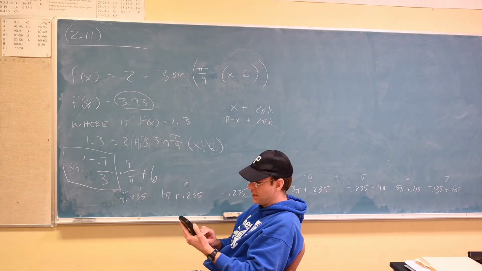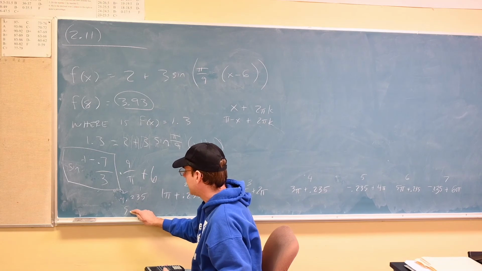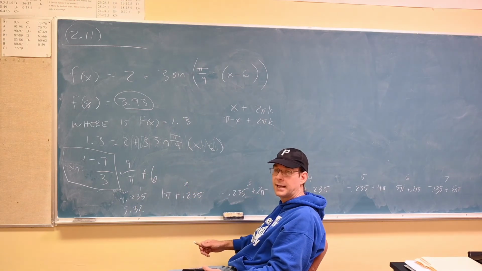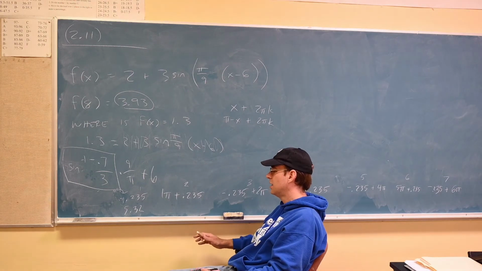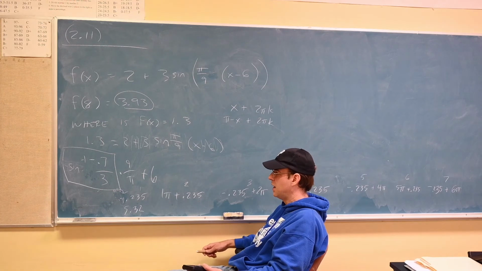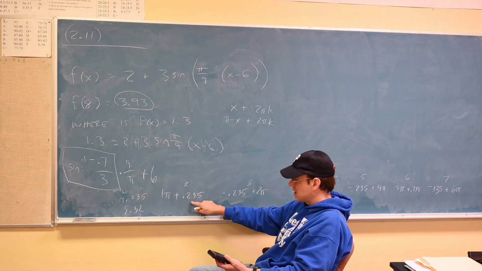Times 9 dividing pi, add 6. That shows up 5.32. So that's a keeper. And it's also fortunately pretty low, because we want the lowest 3 positives, so 5's pretty low. I feel good about that. We're probably not going to sneak something under the 5. Possible, but not likely.